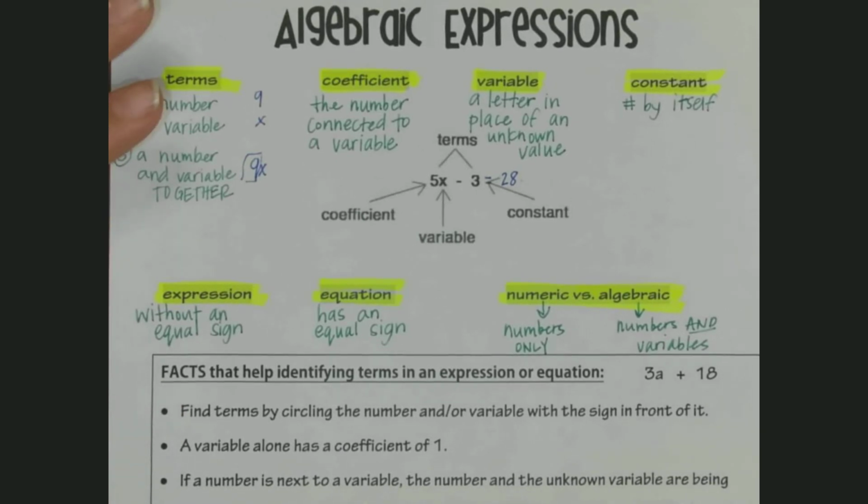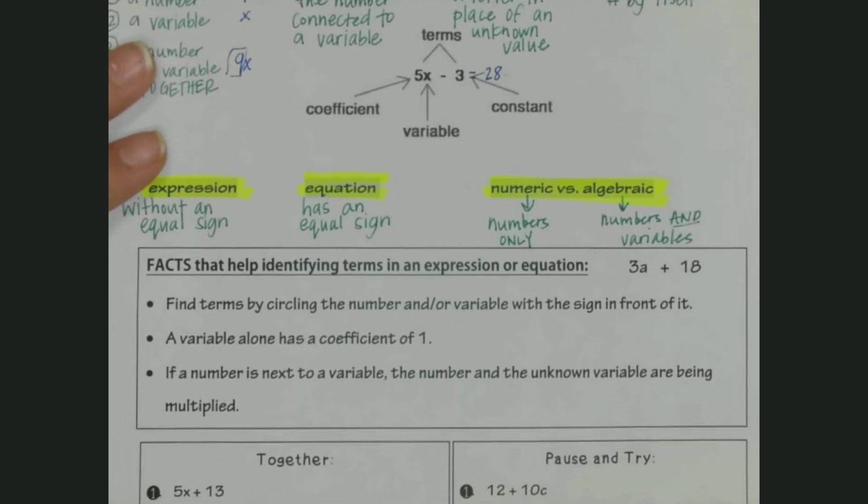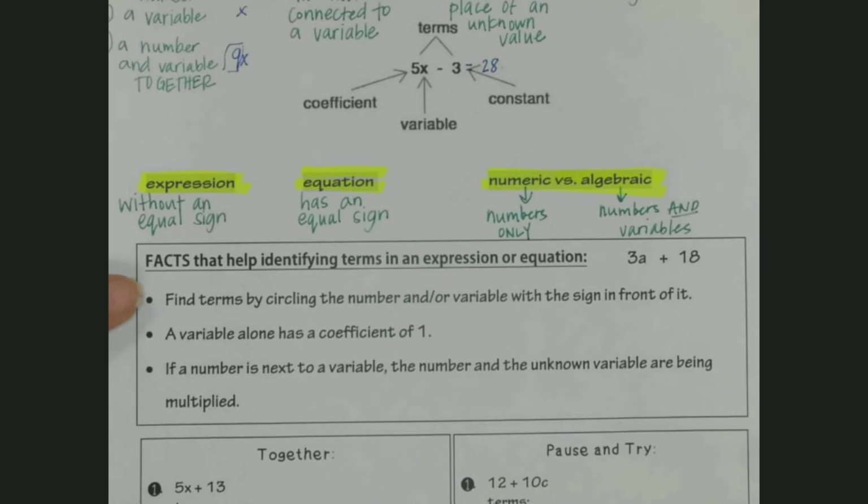Now let's get into some of the facts that can help us identify terms. Today all we're going to do is practice identifying these vocabulary words, terms, coefficients, constants, and variables in expressions and equations, okay? So the first fact that will help us out is to find the terms by circling the number and/or the variable with the sign in front of it.